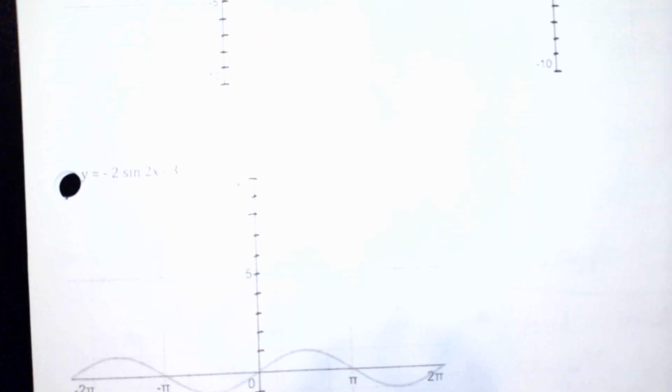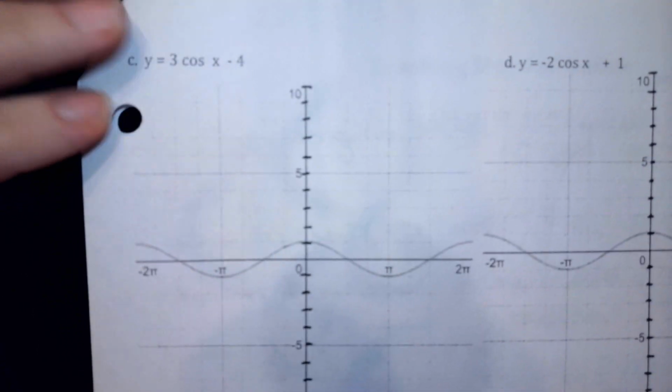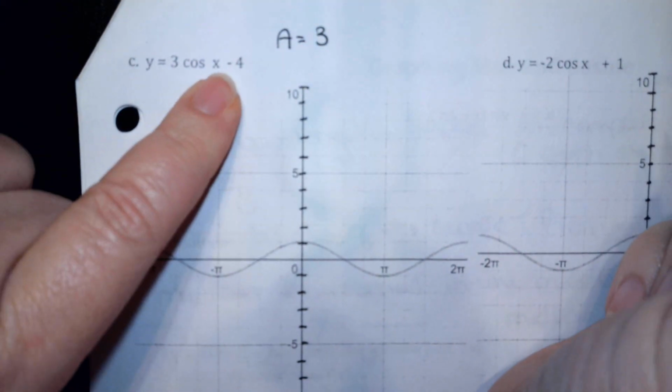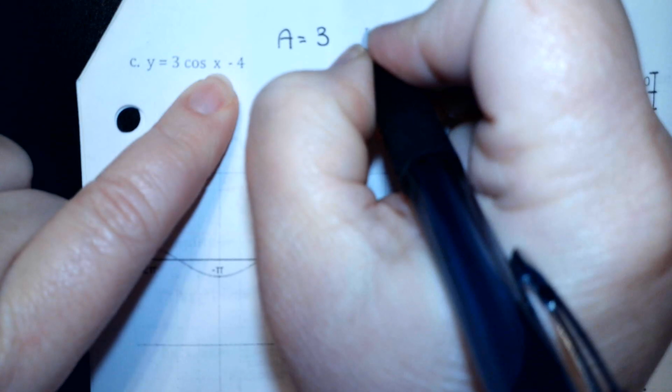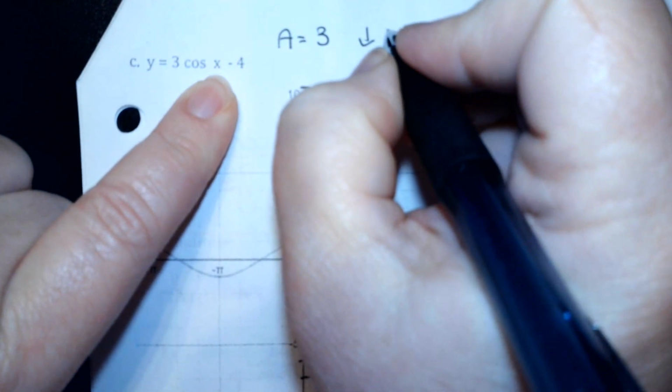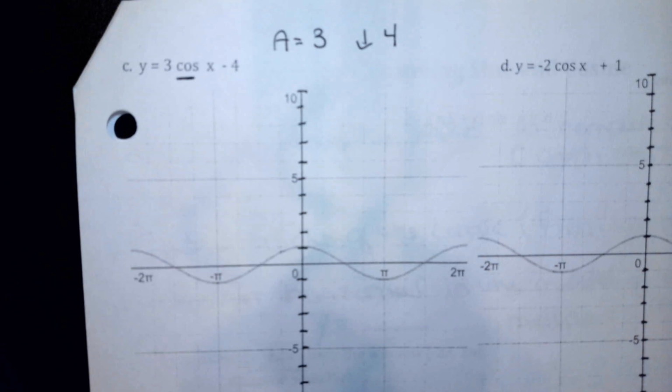Alright, flipping over to part C. Our amplitude is now 3. It is minus 4, so it means that we've had a vertical shift down 4 units. And this time it is cosine. Remember, cosine starts at the amplitude.